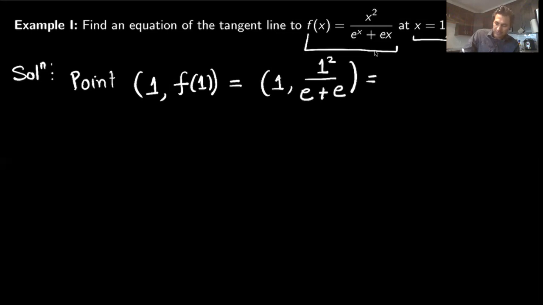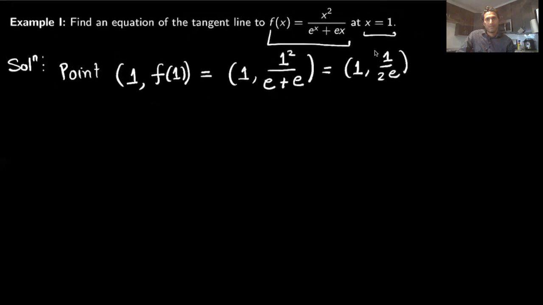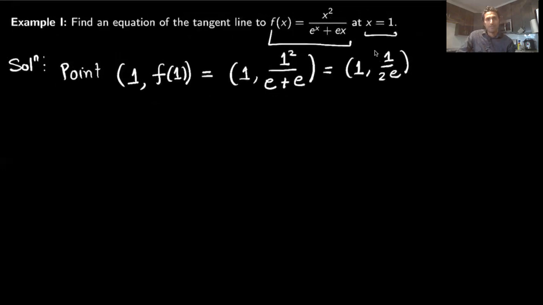So this gives me 1 over 2e. Okay, so I found the point. Now we need to find the equation of the tangent line at this point.